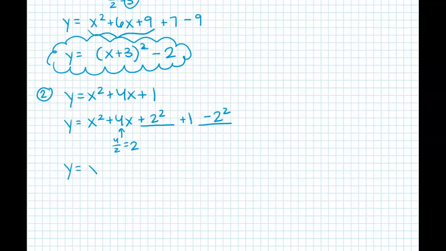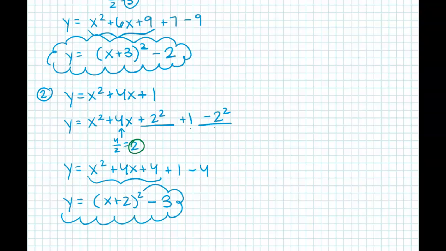So we have x squared plus 4x plus 4, and then plus 1 minus 4. X squared plus 4x plus 4 is the same as x plus 2 squared, again, because it's always x plus whatever you got when you divided that number by 2. And then 1 minus 4 is negative 3. So that's our equation in vertex form.